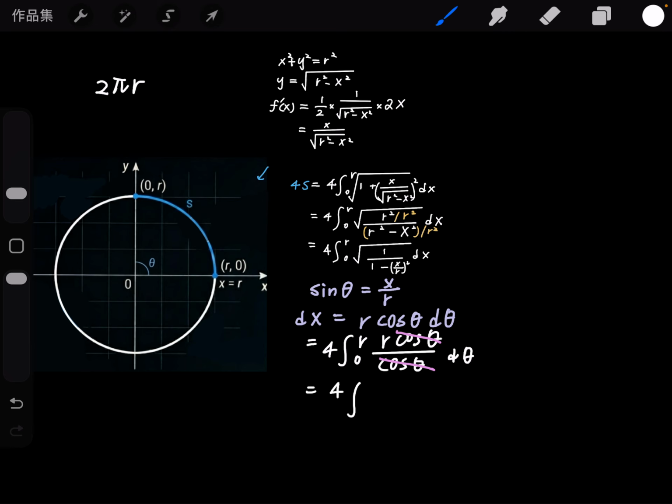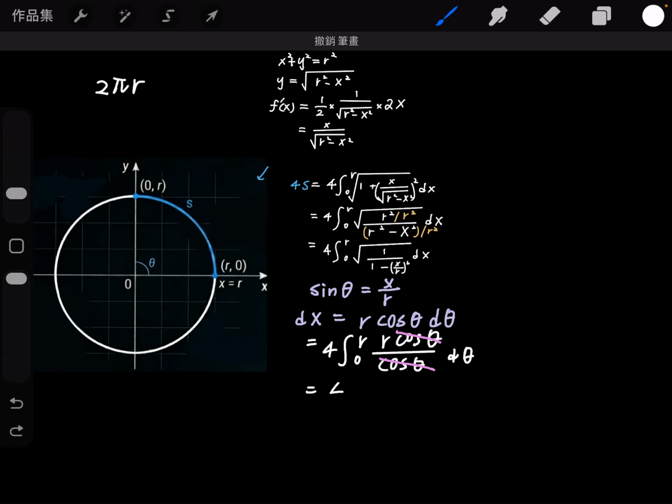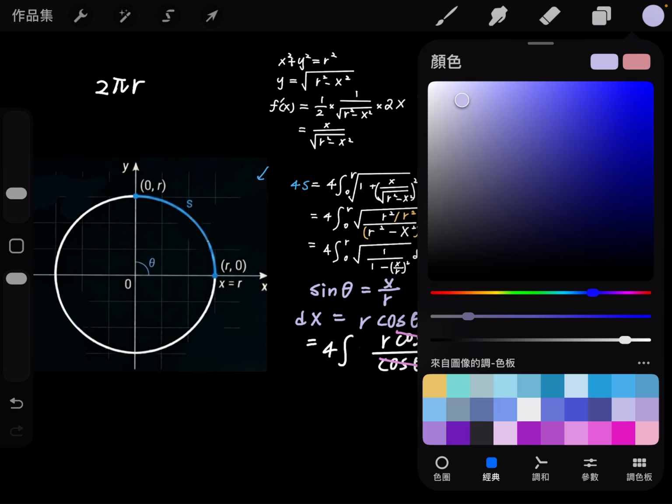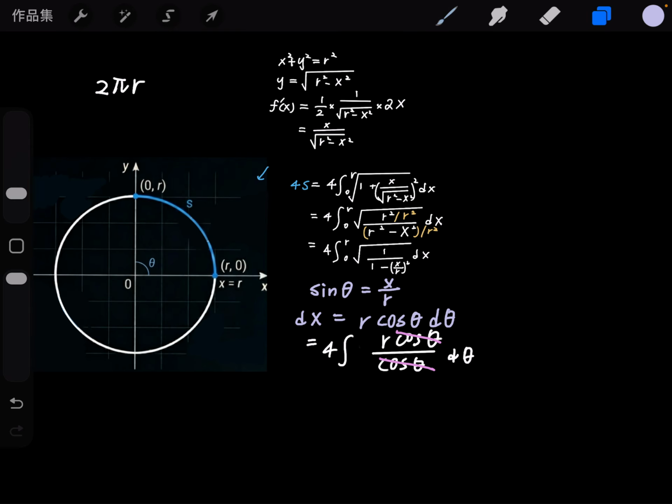4 integration from 0 to r of r with respect to theta. Oh, sorry, here you also need to substitute the limits. Don't forget, I need to go back. So here is actually wrong. So when x equals 0, sine theta equals 0, so theta will be 0.